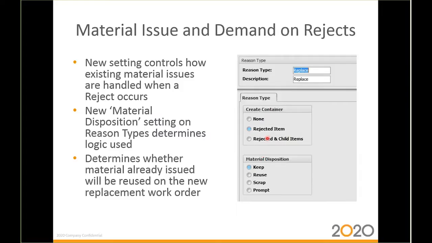But if you do rejected or child items, you will have an additional radio button selection here for material disposition, which allows you to predetermine what will happen to materials that have already been issued to the original work order up to that point. So you have 4 options: keep, reuse, scrap, or prompt.